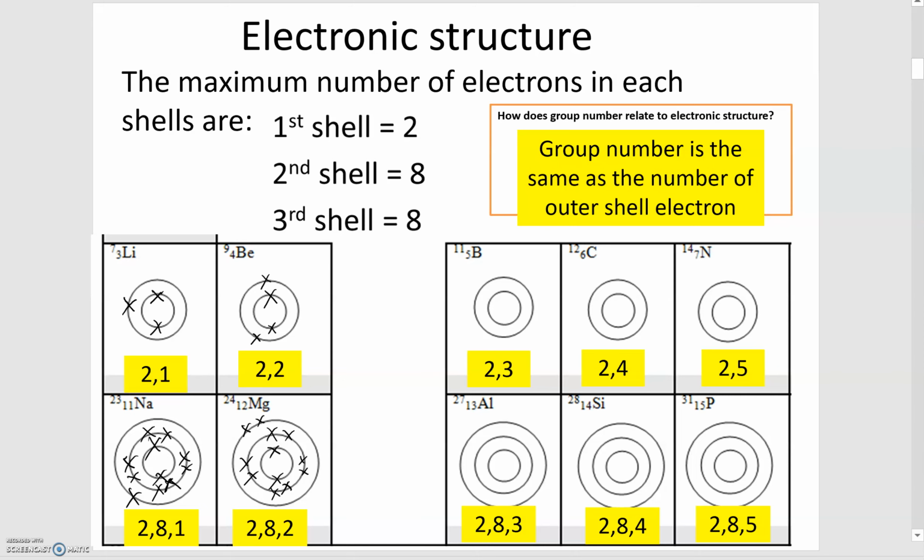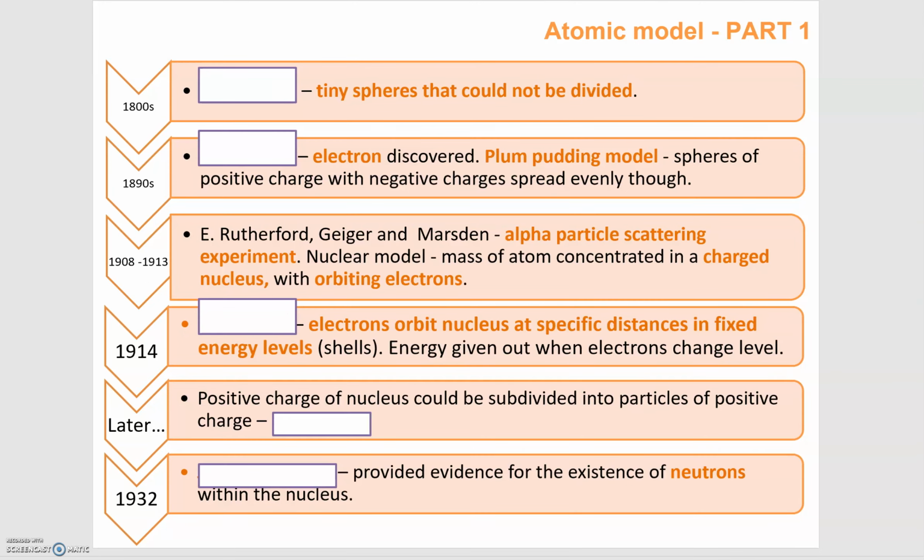The next topic, in terms of periodic table, I wanted to look at today was the discovery of the atomic model. This is quite a common question that comes up at GCSE and A level, and we're going to look at what these answers are. So, a tiny sphere that could not be divided. That was discovered in the 1800s. 1890s, electron discovery, plum pudding model.